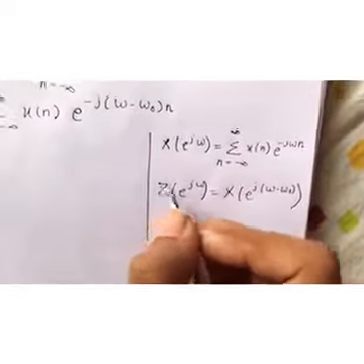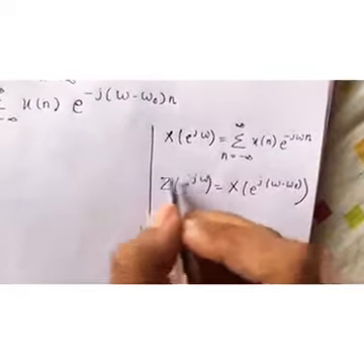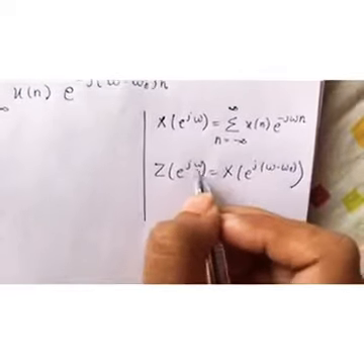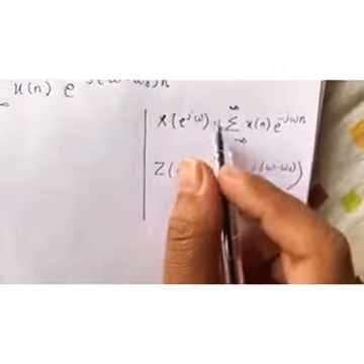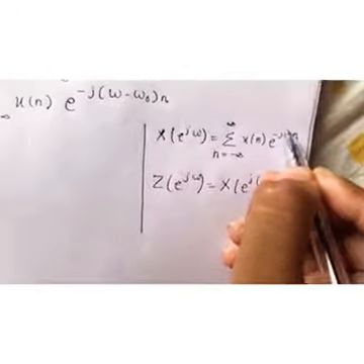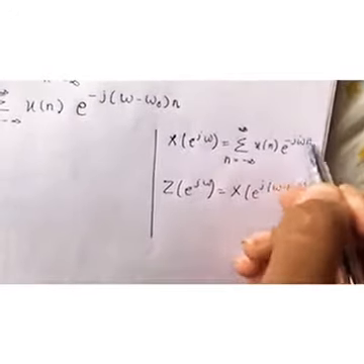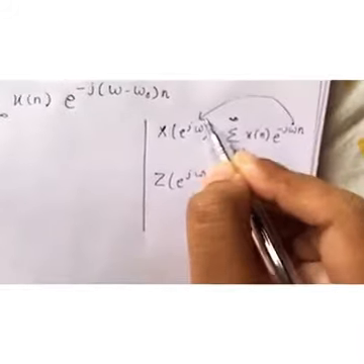So the omega present here corresponds to omega minus omega naught there.